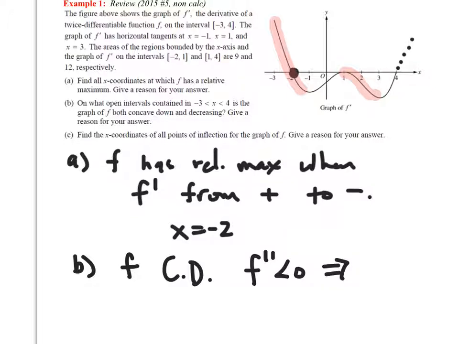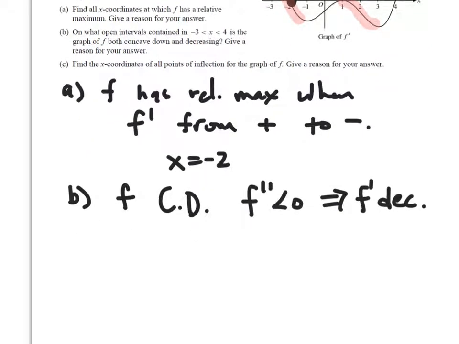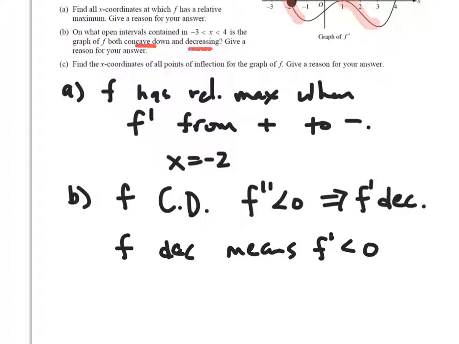Okay, so that implies that the slope is decreasing. So f is decreasing means f prime is less than 0. So what we want is concave down and decreasing.